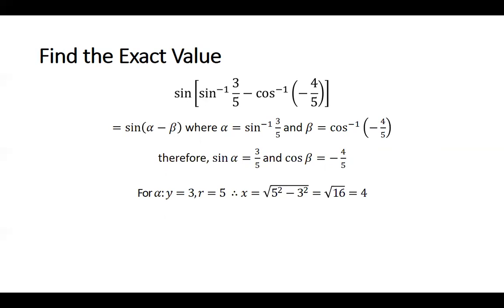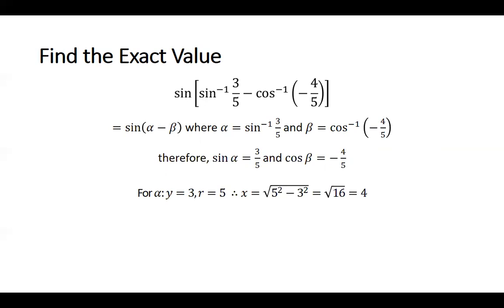So for alpha, we know that y is equal to 3, r is equal to 5. And you may ask, well, wait a second, how do we know that it's not -3? How do we know it has to be +3? Well, sine and cosine both have r in the denominator.